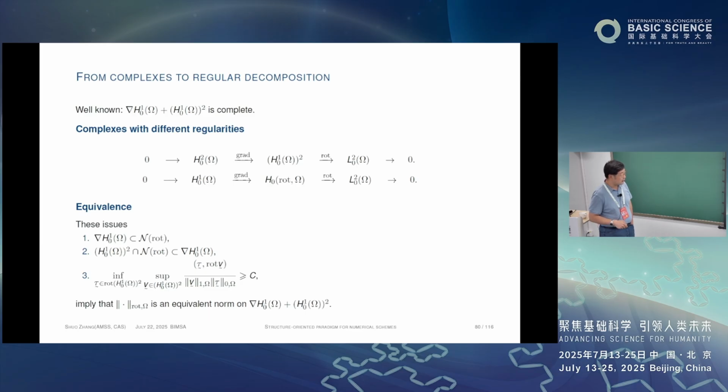From these two complexes, we can observe that this curl norm is an equivalent norm on this gradient H1 plus H1 squared space. This space itself is complete. Based on these two complex structures, we can show that the curl norm is equivalent to the intrinsic norm of this space.